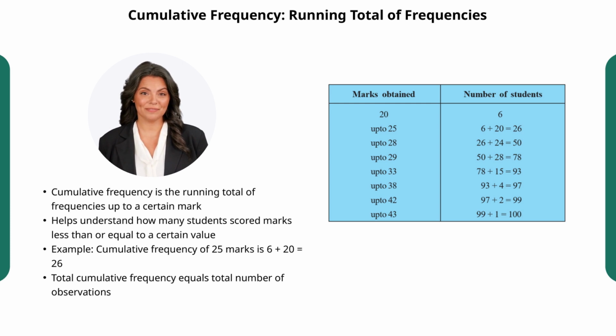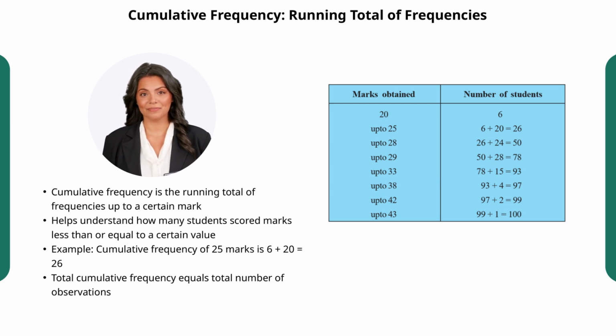For instance, if 6 students scored 20 and 20 students scored 25, then the cumulative frequency at 25 marks is 6 plus 20, which equals 26. This means 26 students scored 25 or below. This cumulative count increases as you move up the marks. And at the highest mark, the cumulative frequency equals the total number of students, in this case, 100.